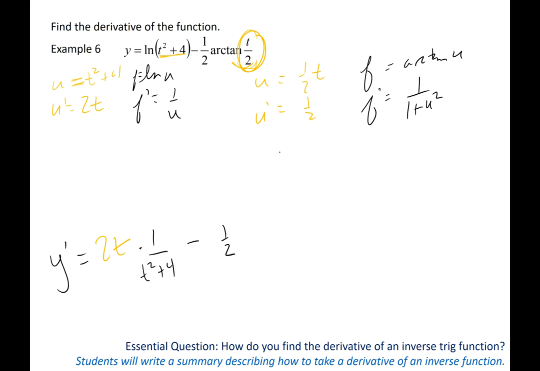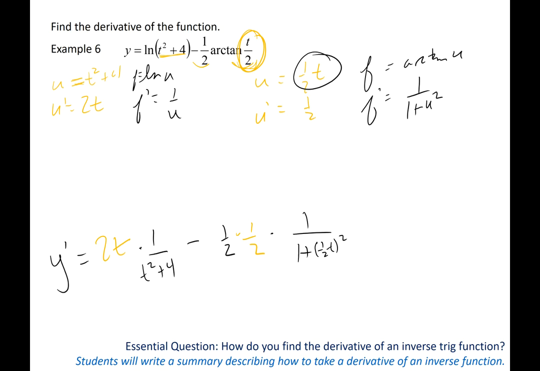All right, I'm going to fill in my official derivative here. So I had the 1/2 that was hanging out here in front times the inside function 1/2 times the derivative of the outside, which is 1 over 1 plus u squared. Instead of u squared, I'm going to write 1/2 t squared.